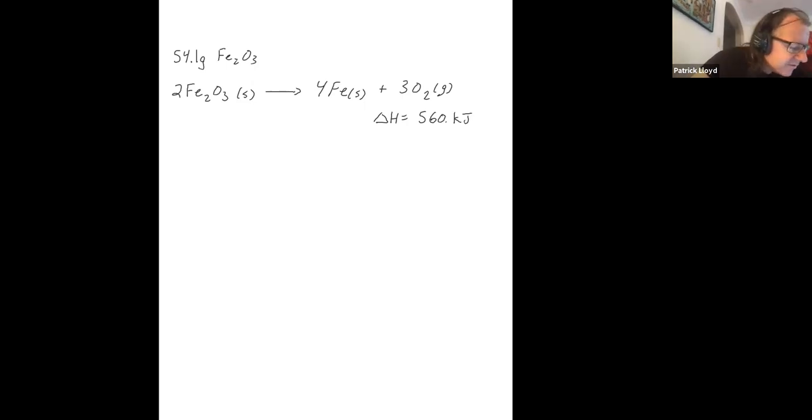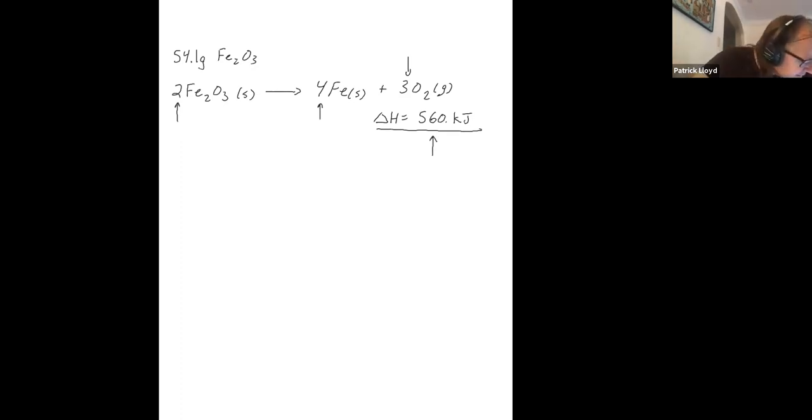Now, the interpretation of this thermochemical equation is this. We use the coefficients to relate to each other, but we also use the coefficients to relate to this value of delta H. That's essentially the logic behind this thermochemical equation.